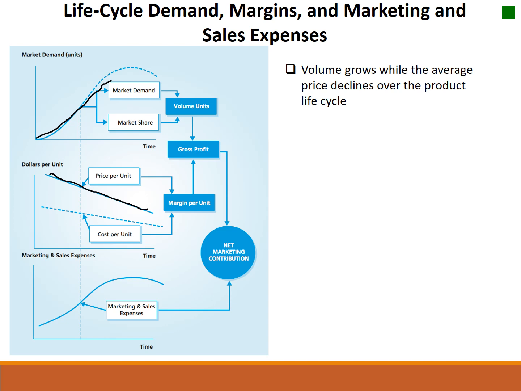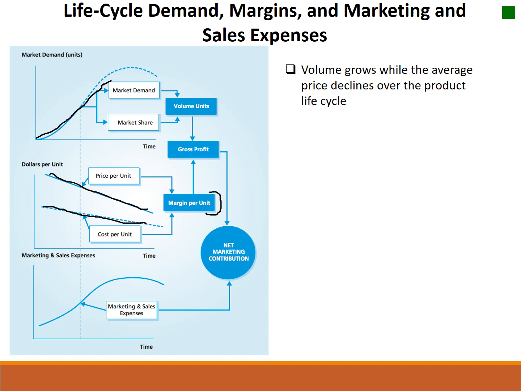And at the same time, costs for the firm go down, but they go down at a slower rate than the price does. So slowly over time, as the product diffuses and spreads throughout the marketplace, as the product moves into the growth stage of the product life cycle and then into the maturity stage, margins become harder and harder to obtain.